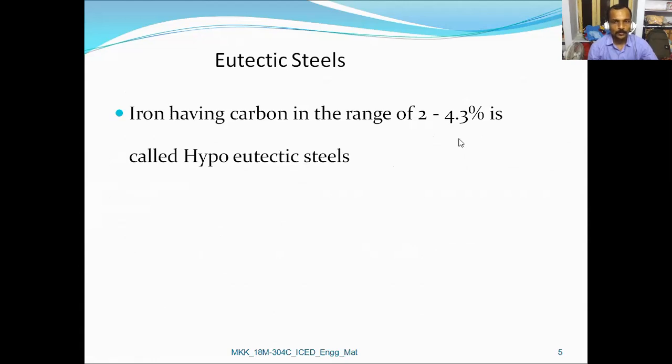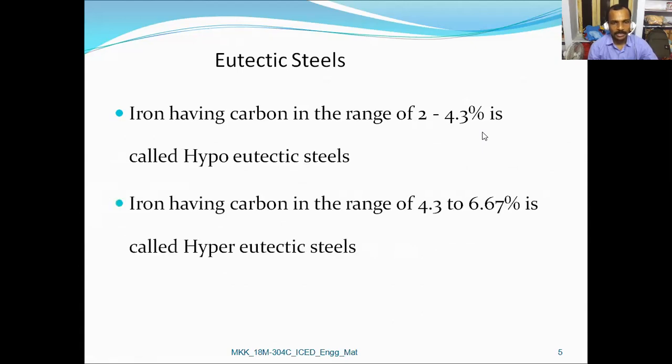So 2 to 4.3% can be called hypoeutectic, whereas the carbon content of 4.3 to 6.67% is known as hypereutectic. So these are eutectic steels.